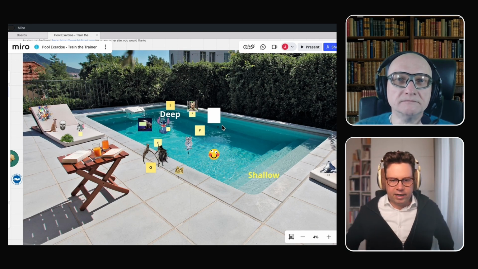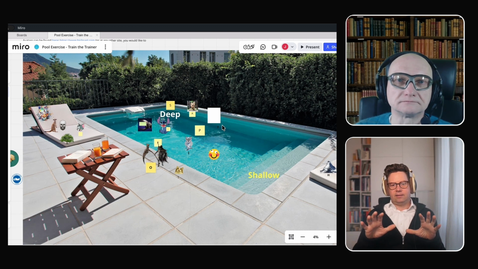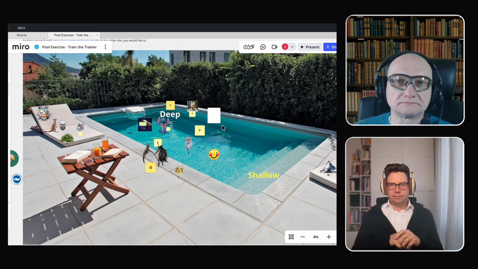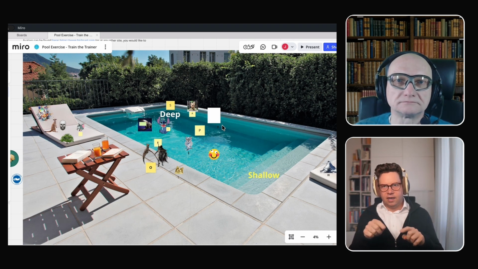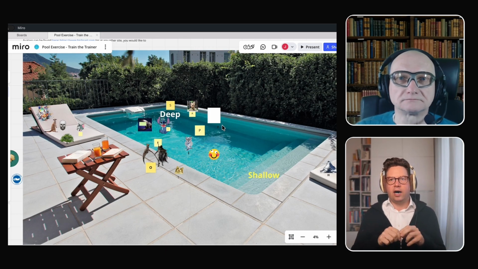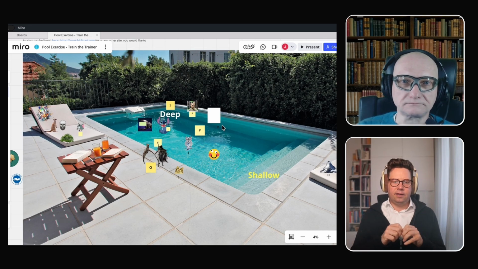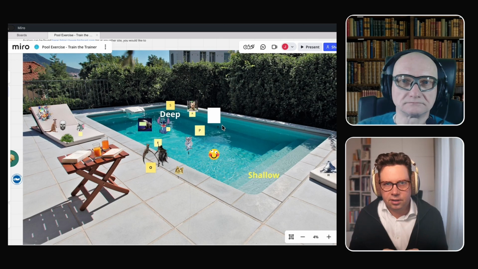And afterwards, it's quite interesting to ask the people to take a look at where they are, where others are, and where they are in relation to others. And if they take a look at where they are, to think about where they would like to be.